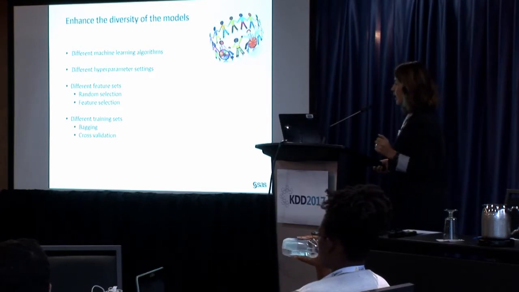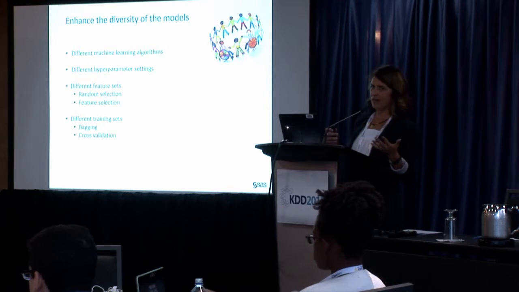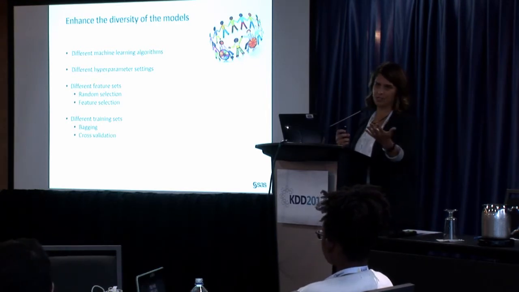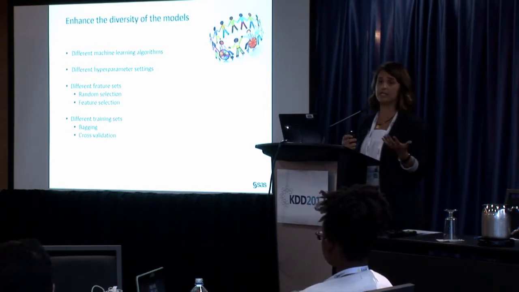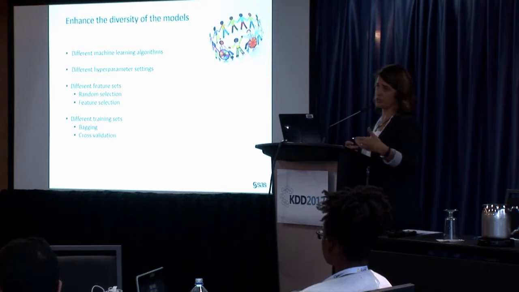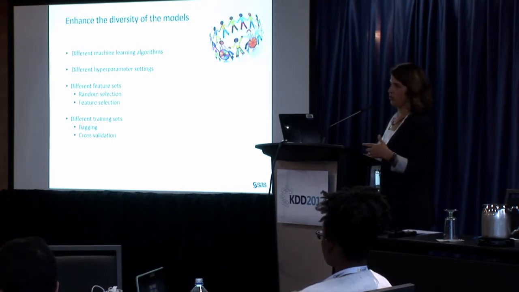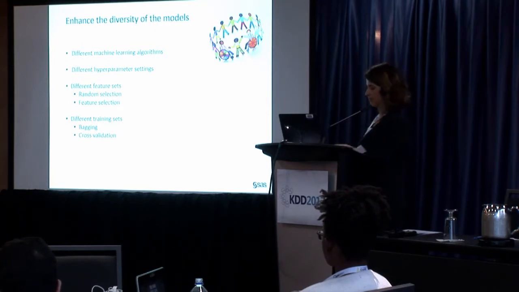You can also try different training sets. You may ask, how am I going to try a different training set? I just have one. So one is bagging. Bagging is sampling with replacement from the training set, and it doesn't use all of the observations in the set. And the other one is cross-validation, and I will talk more about that in the coming slides.